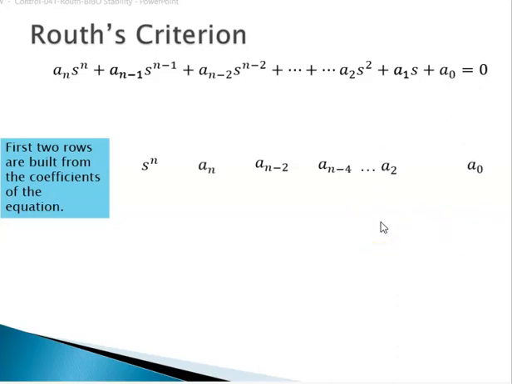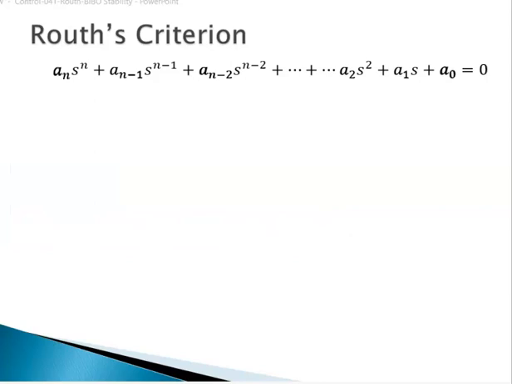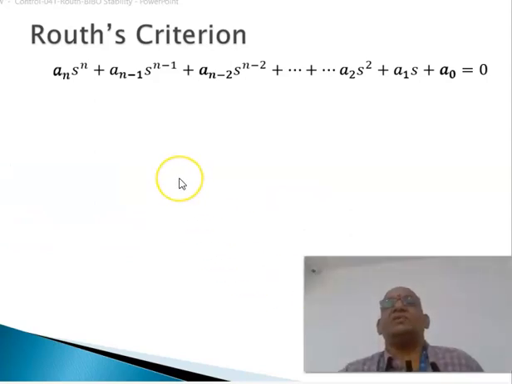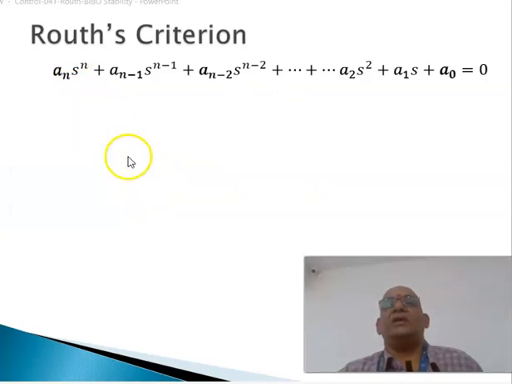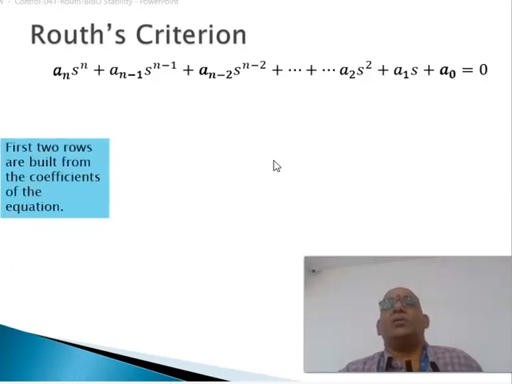Let me play back a little bit and show you what I mean by it. First two rows are built from the characteristic equation terms. We call it the S power n row. You can see that the coefficients an, an minus 2, an minus 4, and so on are taken from the characteristic equation and put into one row.